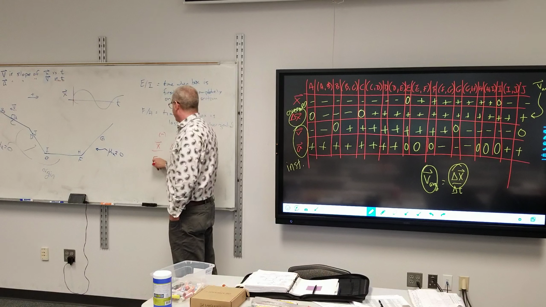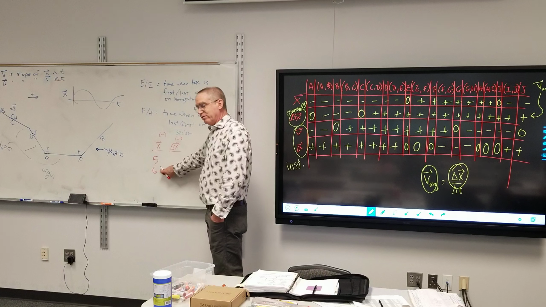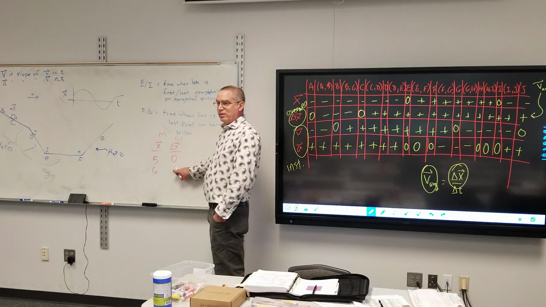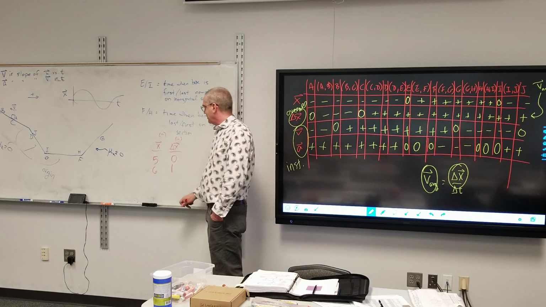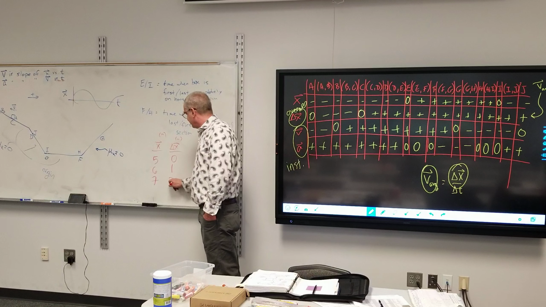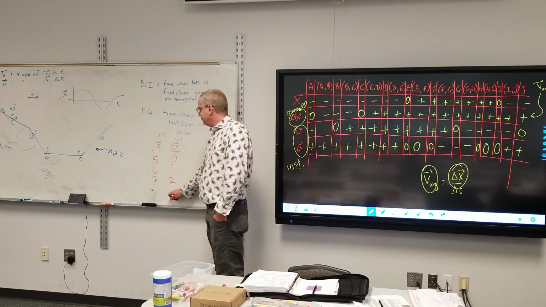So if this is 5 meters and then 6 meters, so I've gone 1 meter in the positive direction. If I start at 0 here, where will I be at this point? If this is 7, what will this be? 8. No. If this is 3, 4.